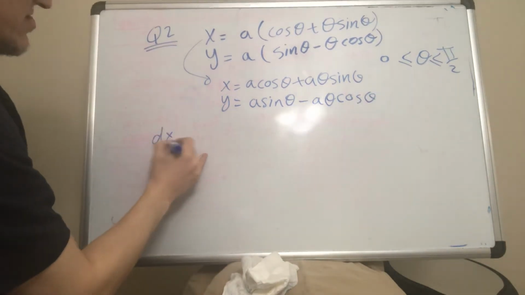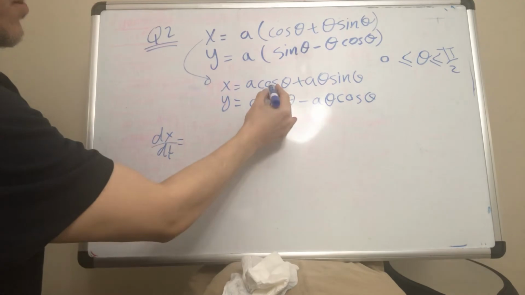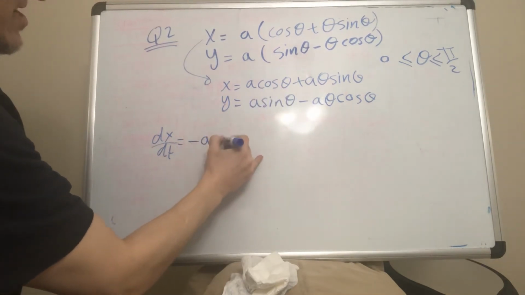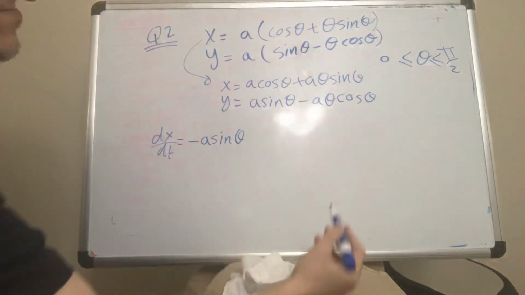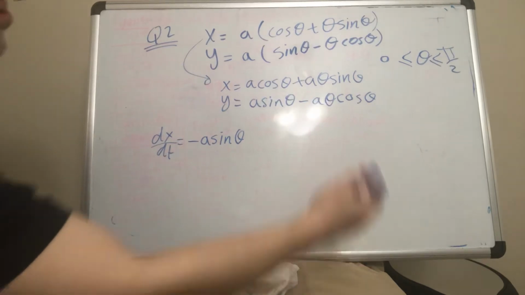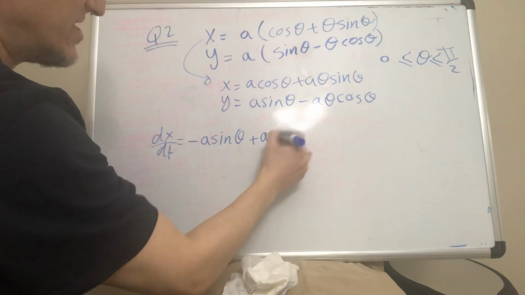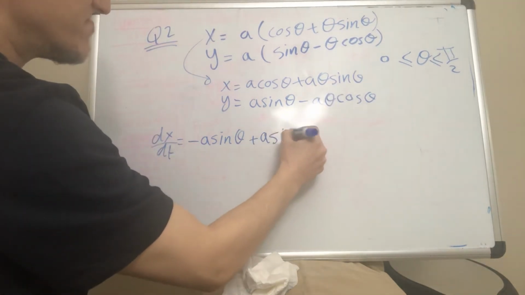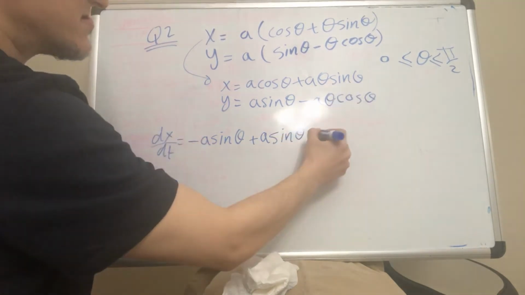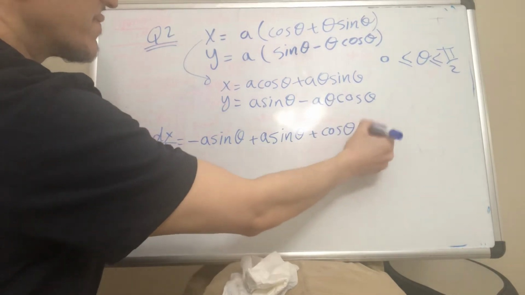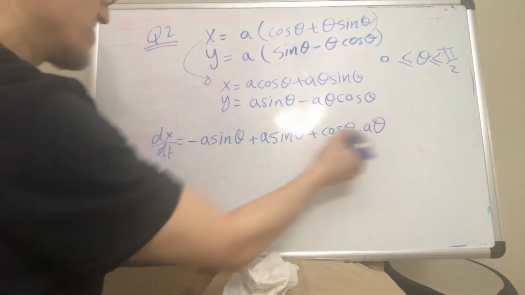So now we do the dx over dθ. Derivative of this is minus a sine theta. Here we need to do the product rule. Derivative of a theta is a times the second one. Derivative of the second one is cosine times the first one.